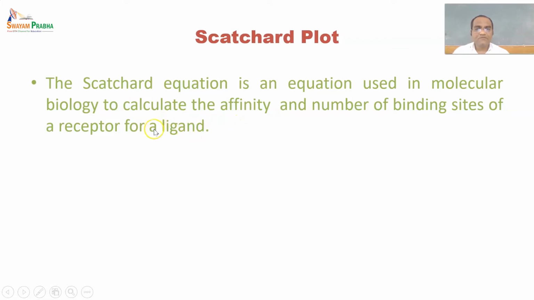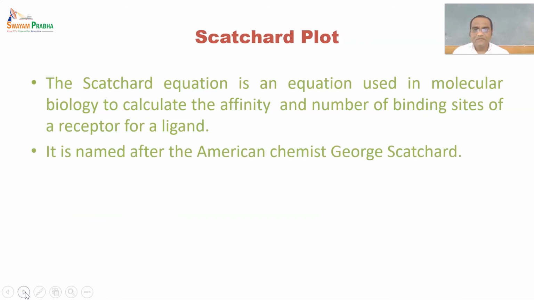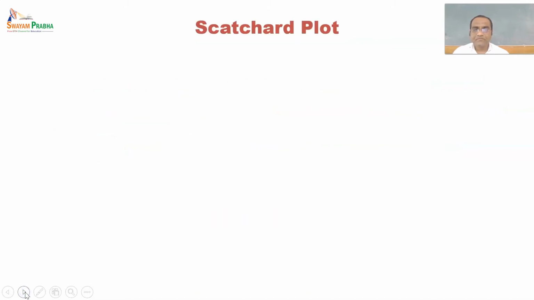Once a ligand enters the body, it finds a receptor to bind to, and this Scatchard plot is used to calculate the number of binding sites and the affinity for that drug. It is named after the American chemist George Scatchard. Now we'll see the Scatchard equation with the plot.